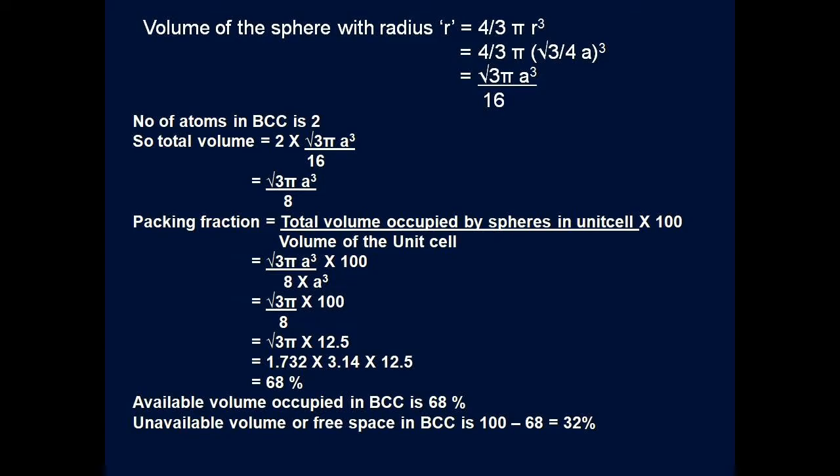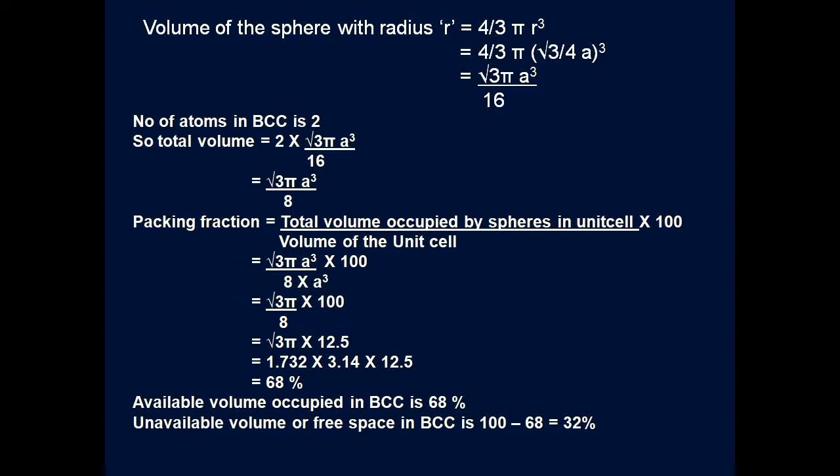So we get the total volume occupied by the spheres in the body center is equal to 2 into square root 3 pi a cube by 16. Now you substitute this value, we get the answer square root 3 pi a cube by 8. Afterward, the volume of the unit cell is a into a into a, we get a cube because it has the same edge length.